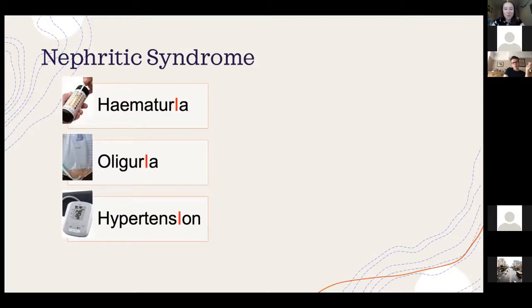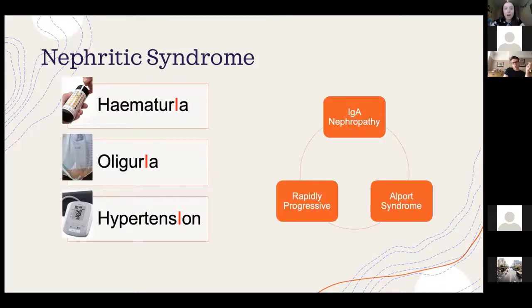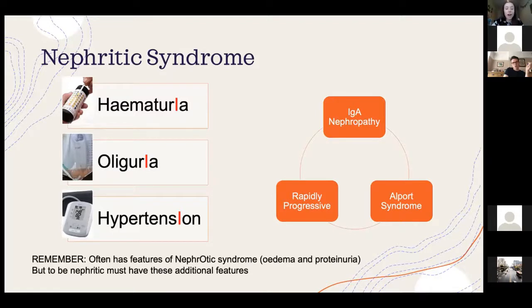So if you have a patient with those, you're thinking it's more of a nephritic syndrome. The main glomerulonephritis causes of nephritic syndrome are IgA nephropathy, rapidly progressive glomerulonephritis, and Alport syndrome. But just to confuse you, you can actually have some other features of nephrotic syndrome, but the overlying diagnosis is a nephritic syndrome.